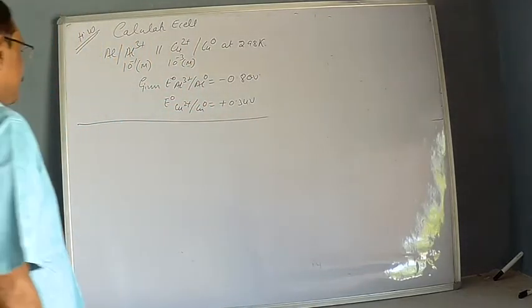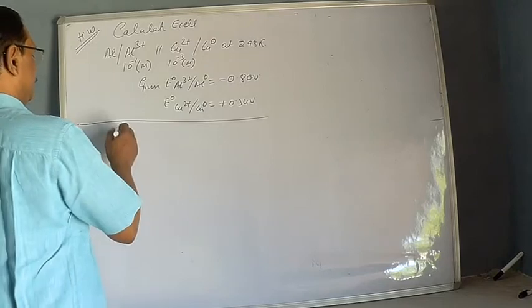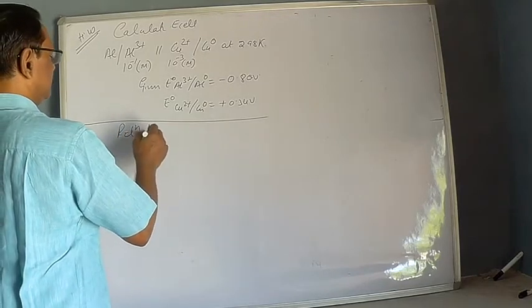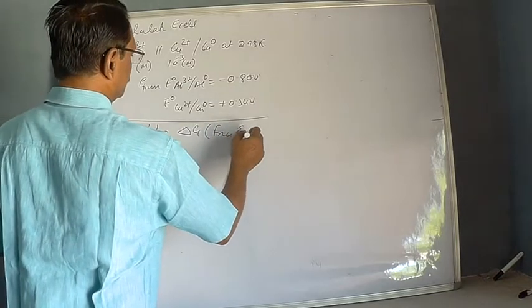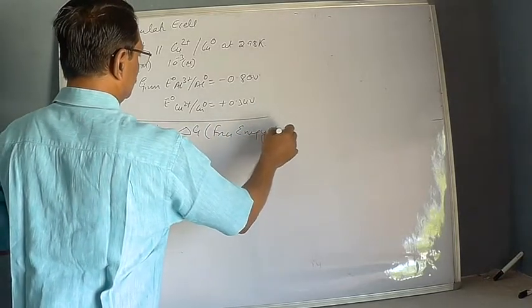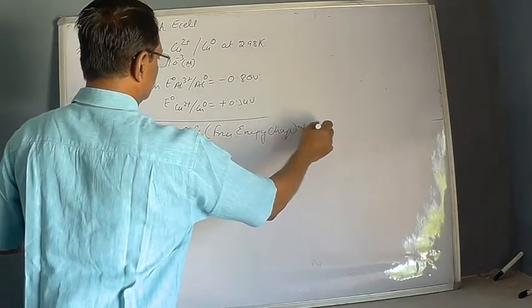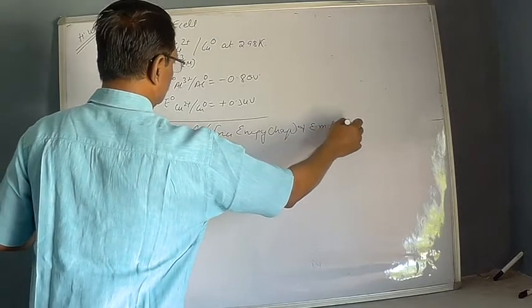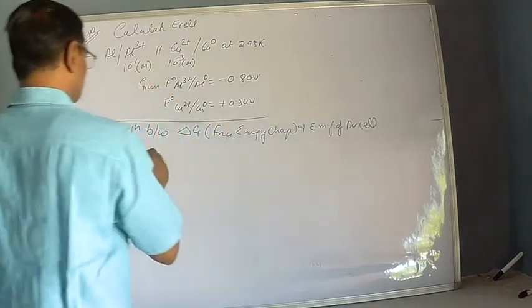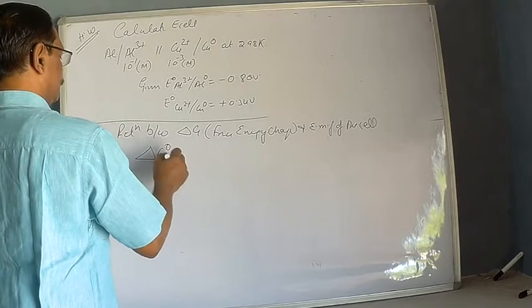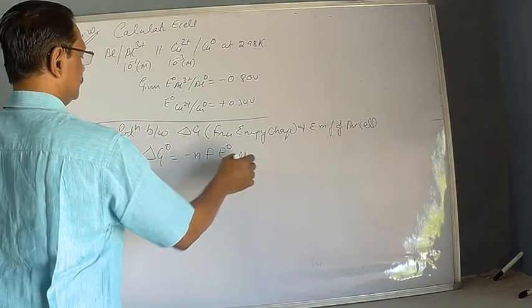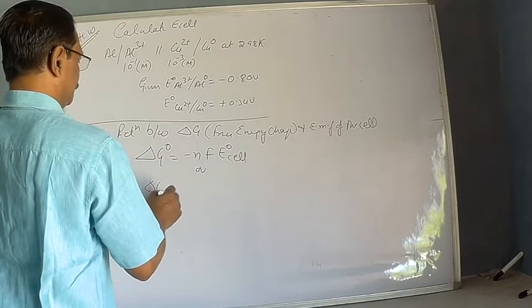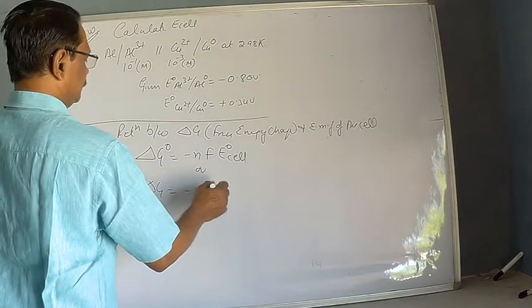Now class, we'll take up the next topic, that is relation between delta G, that is your free energy change, and EMF of the cell. Delta G0 equals to minus nFE0 cell, or delta G equal to minus nFE cell.